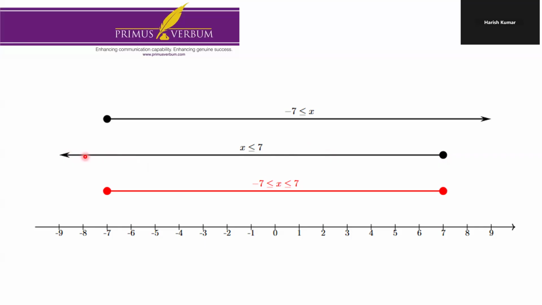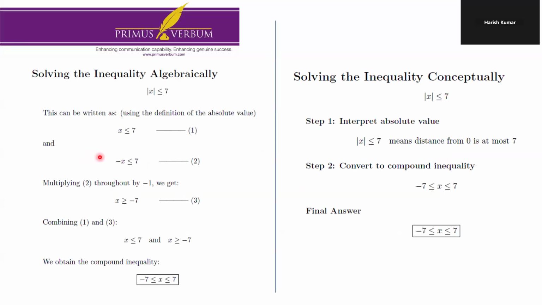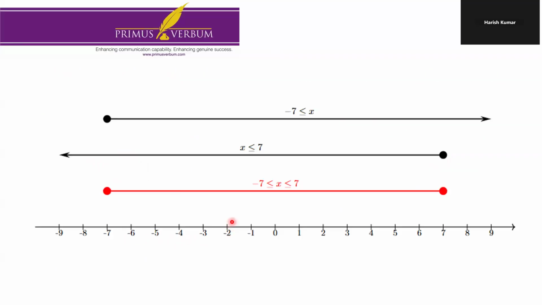These two we saw as equations 1 and 3. So the solution space is the overlapping region.